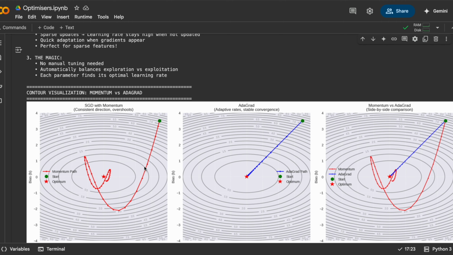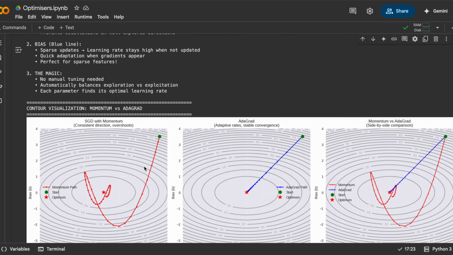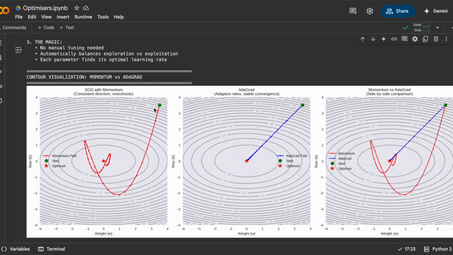Because of this sparse feature, what SGD does is that the weight update takes place in one direction to a large extent, and then it goes around and settles down.